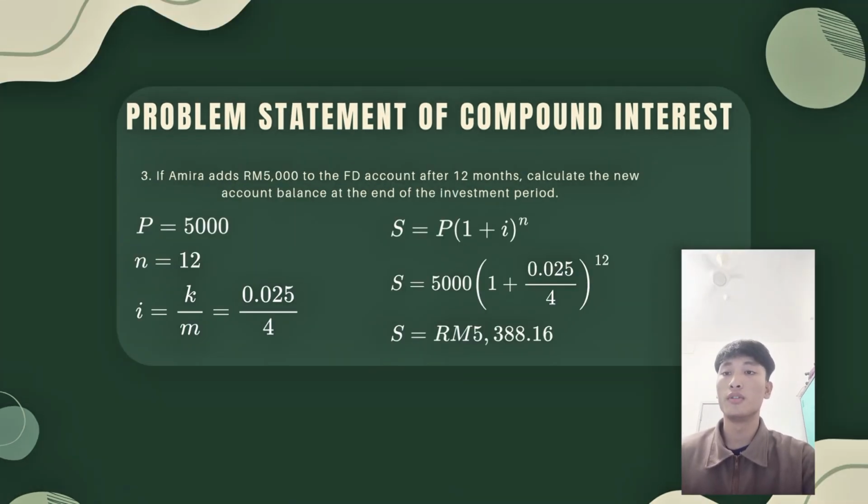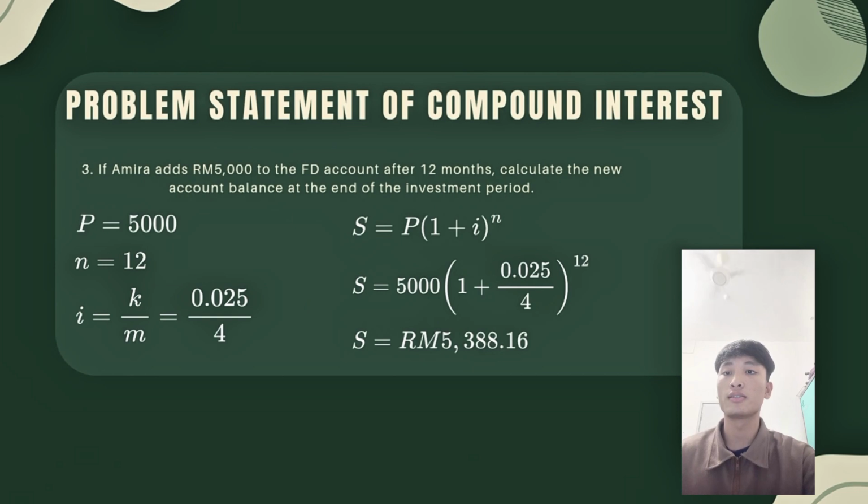So let's move on to the third question, which asks, if Amira adds 5,000 to the fixed deposit account after 12 months, calculate the new account balance at the end of the investment period. As well, we identify P equal to 5,000, n equal to 12, i equal to k over m equal to 0.025 divided by 4.